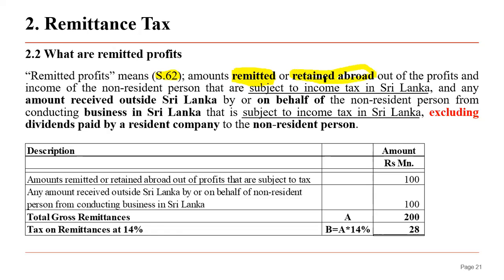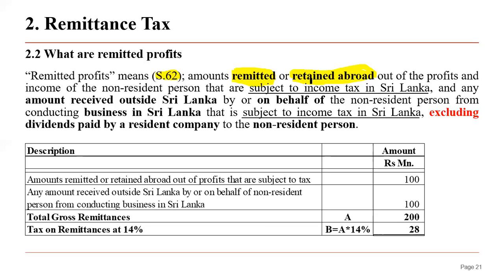Retained abroad means properties belonging to Sri Lanka but retained abroad, because most companies have onshore and offshore supplies. Onshore means activities carried out in Sri Lanka. The activities done outside Sri Lanka, such as design and management consultancy, and supplying equipment to Sri Lanka for the business, we call offshore supplies.